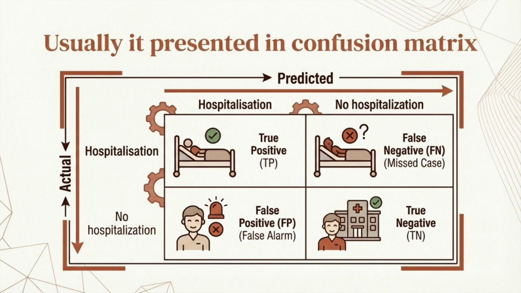So this is a false negative, a missed case. False positive, everybody knows false alarms: the model said that something goes wrong, but the patient was fine. And true negative: the model says everything is fine, and indeed everything is fine. It's important to repeat these basic concepts.